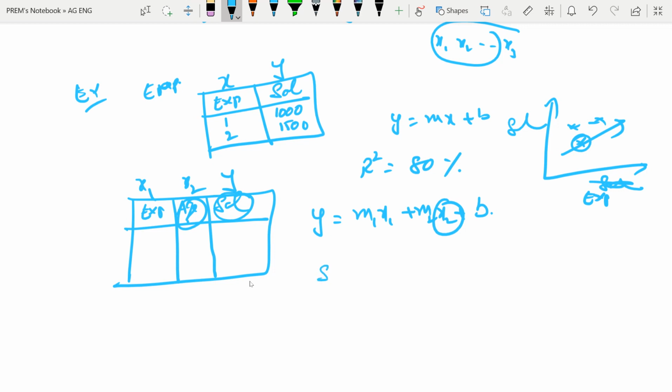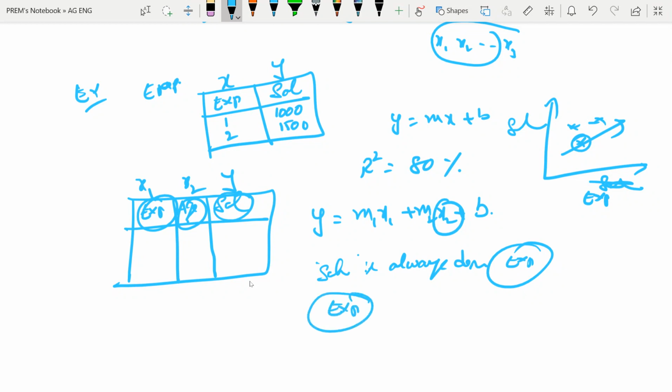Salary always depends on experience only, not on age. In an employee table, salary is decided based on experience only, but here there are two features, x1 and x2.